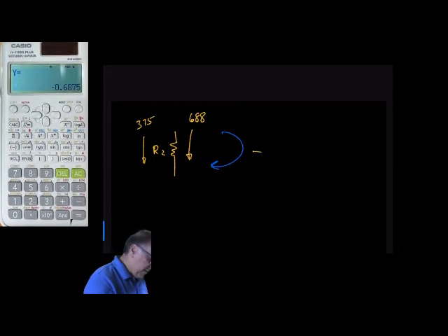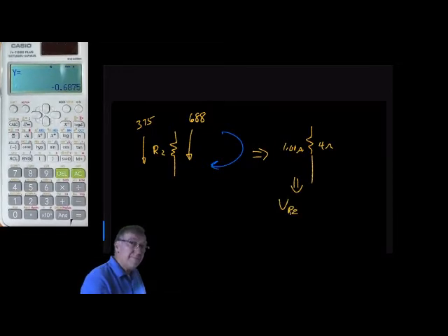So this becomes 1.06 amps, and with 4 ohms, the voltage across R2 is equal to 1.06 times 4 equals 4.2 volts.